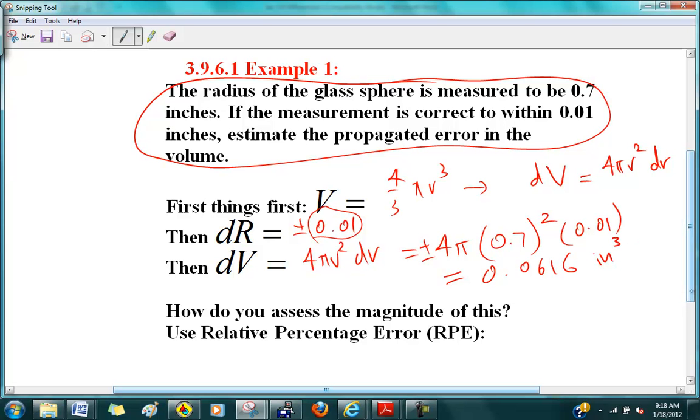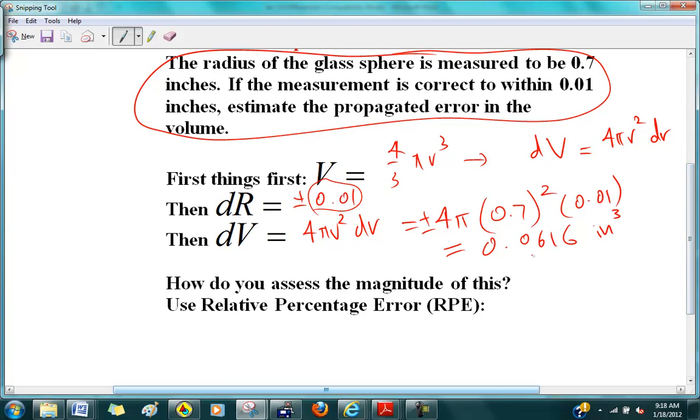Now, getting a number like this doesn't give you a very good feel for the magnitude of the error. So an alternative way of measuring the error would be relative percentage error. When you say that something is a percent of something else, it gives you a better feel for how big or small the error is.